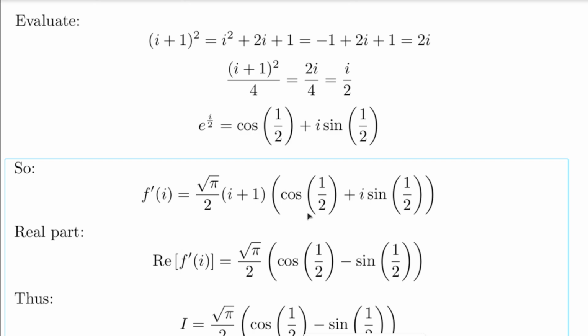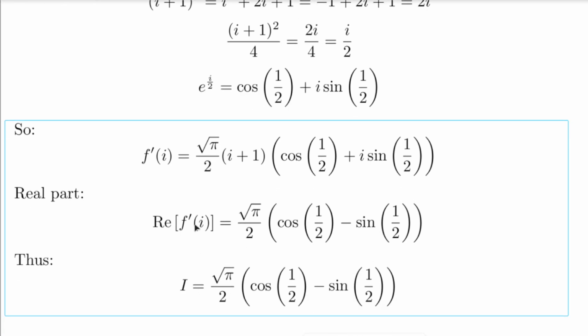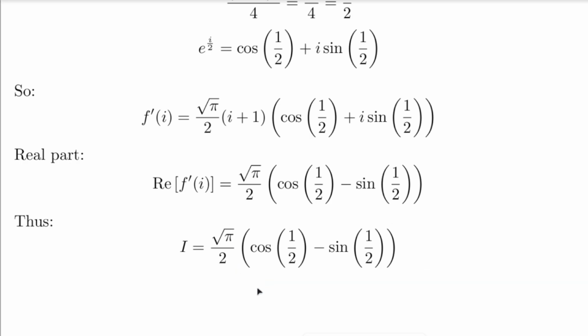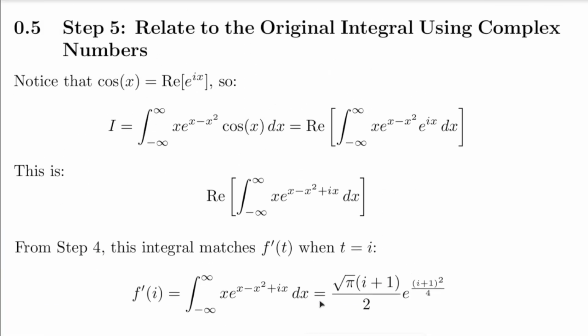That would be this 1 times cosine 1/2, and also this i times i sine 1/2, which would make it negative sine 1/2. So the real part of f prime at i is equal to this, and don't forget our original integral was the real part of our f prime evaluated at i. So our original integral evaluates to the square root of pi over 2 times the quantity cosine 1/2 minus sine 1/2.